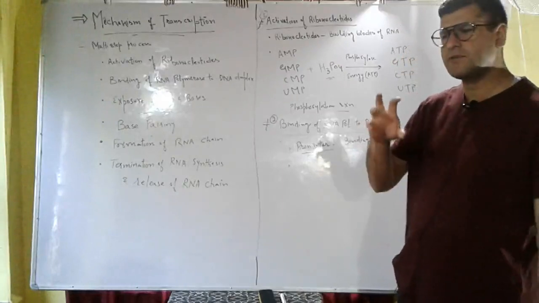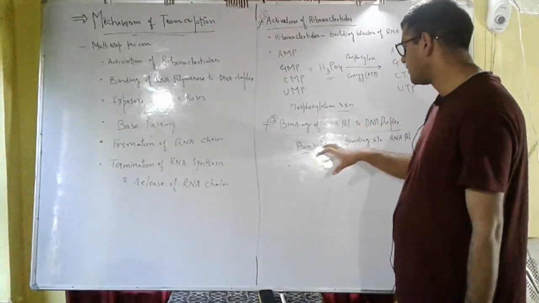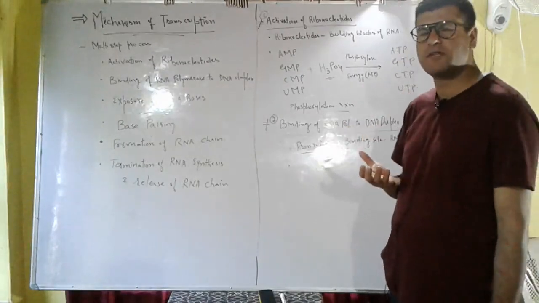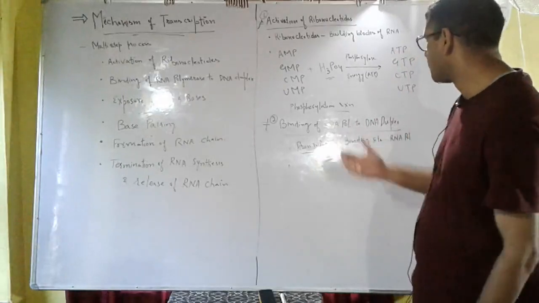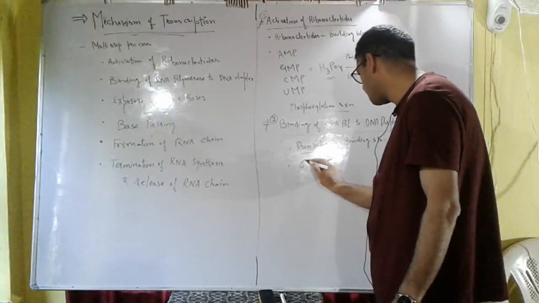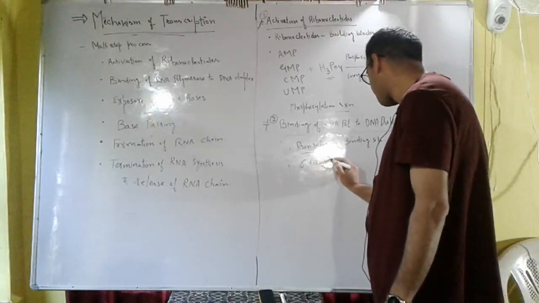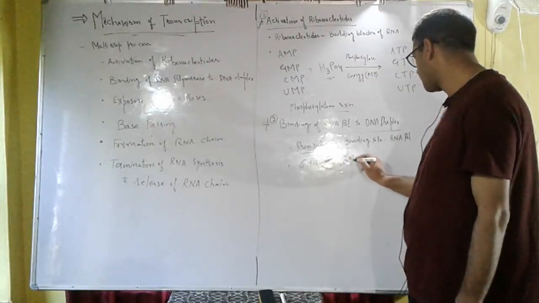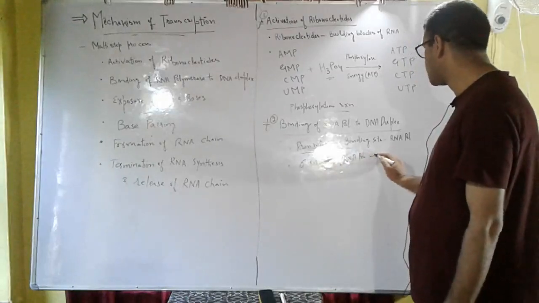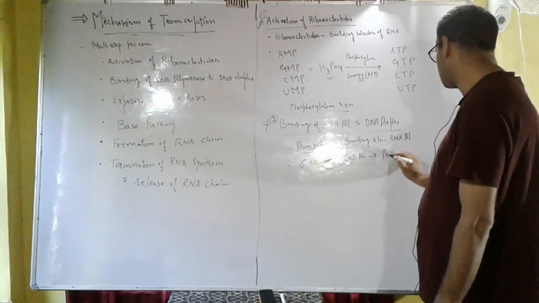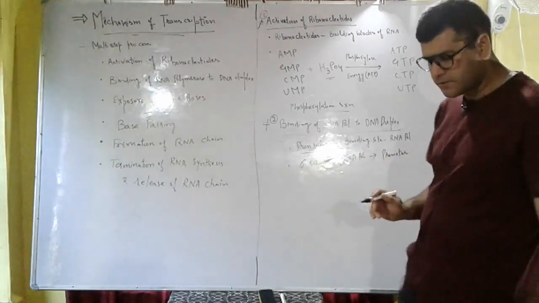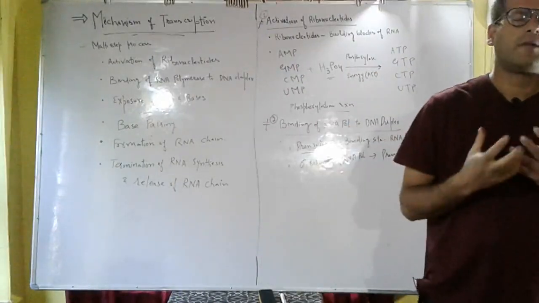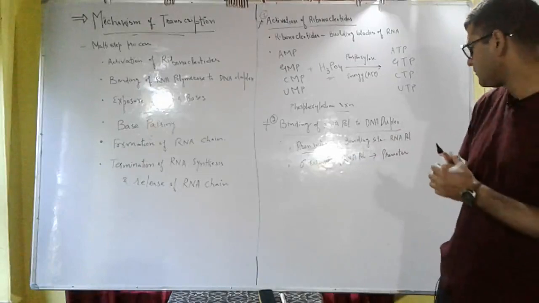This sigma subunit helps in recognizing the promoter of the DNA duplex, and also helps in the binding of RNA polymerase to the promoter of the DNA duplex. It basically recognizes the promoter sequence and also helps in binding of RNA polymerase to DNA duplex.